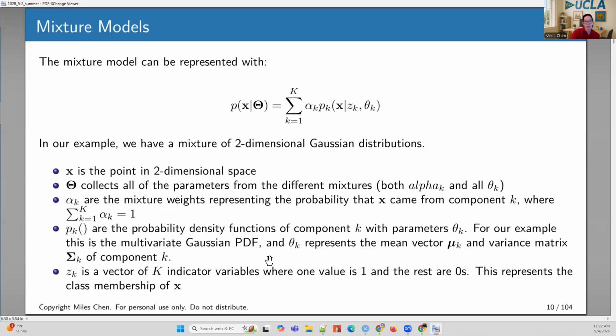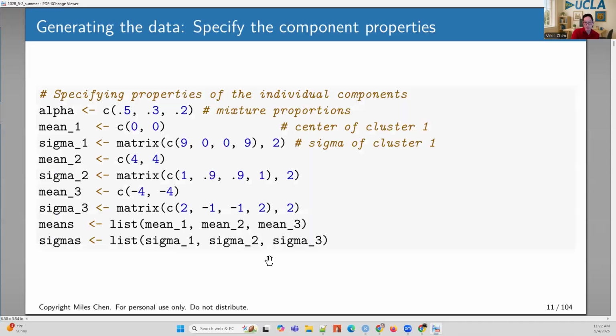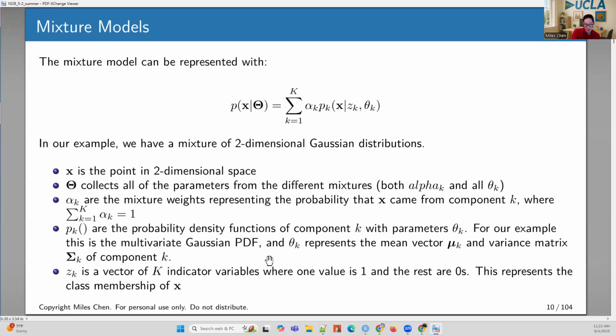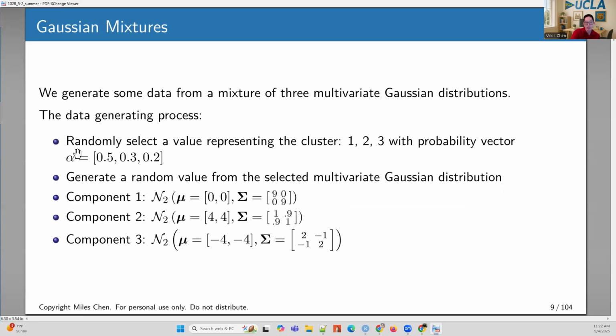And so when I generate my values, I can use the computer here. The overall mixture model can be represented in this way. We could say the overall probability of x given all of the parameters, and the parameters consist of alpha, the mixing proportions, plus all of the different mu vectors and all of the different sigma matrices.